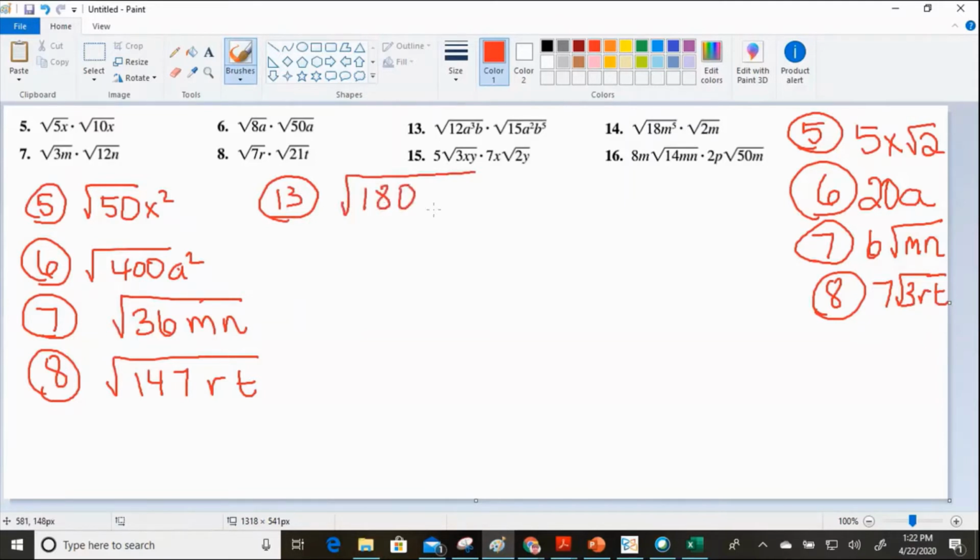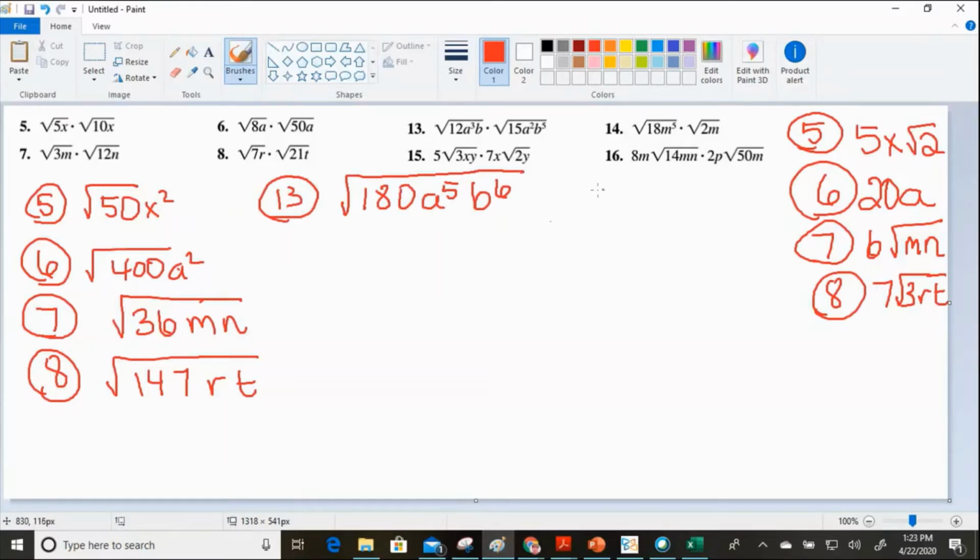A cubed times A squared is equal to A to the 5th. And B to the 1st times B to the 5th is equal to B to the 6th. Okay, I'm going to have to split 180.